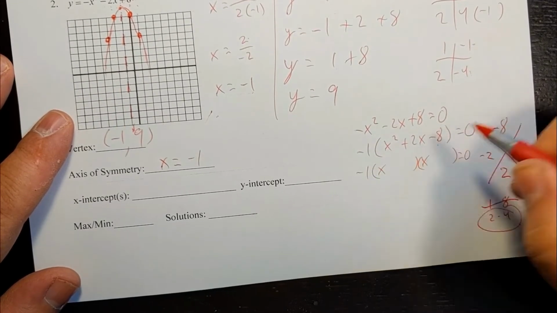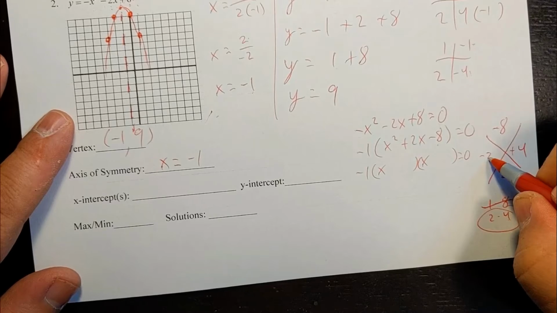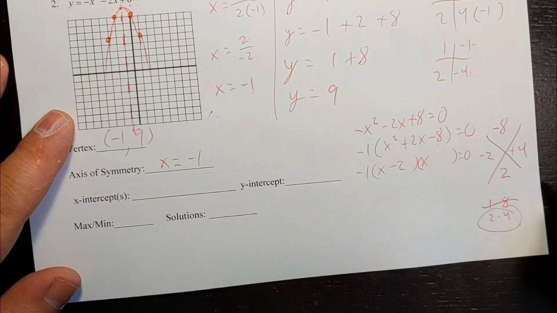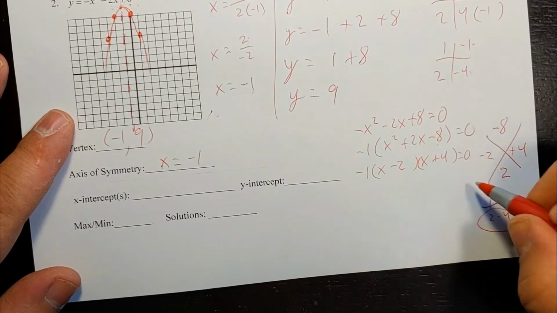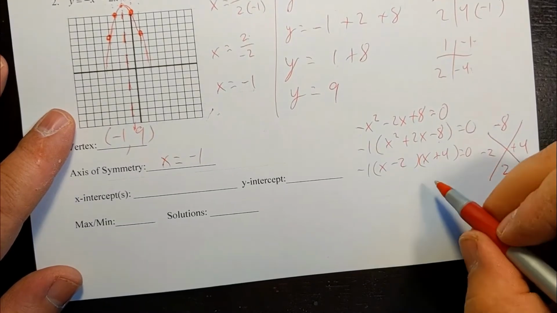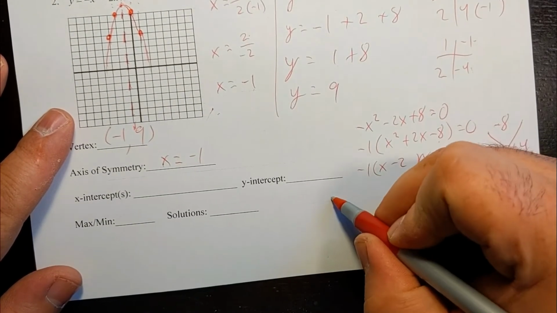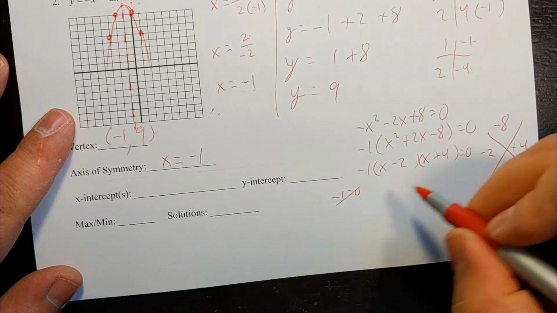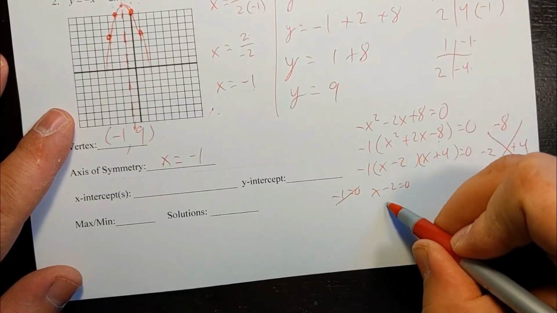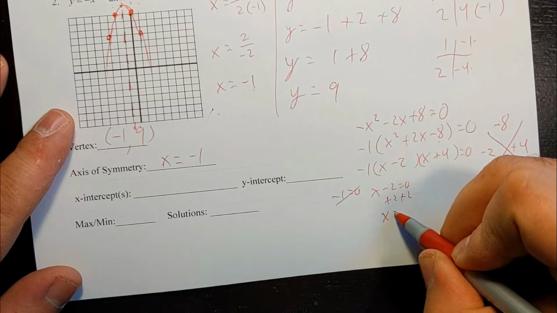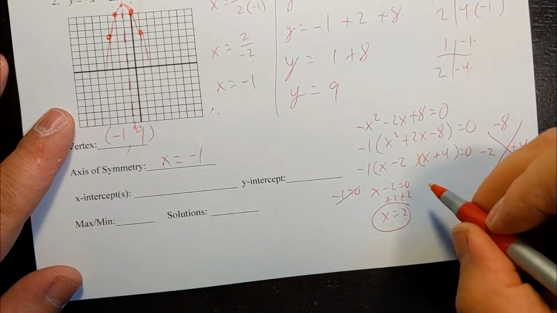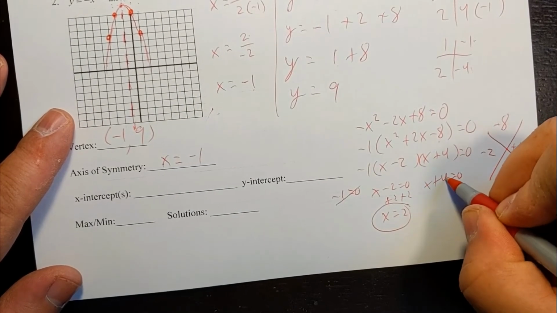You're going to have an x on both of those. This negative 2 is going to fill out one of these factors, and this positive 4 fills out the other one. Now you set each one of the factors equal to 0. Negative 1 equal to 0 doesn't work. X minus 2 equal to 0. You get a positive 2. X plus 4 equal to 0.